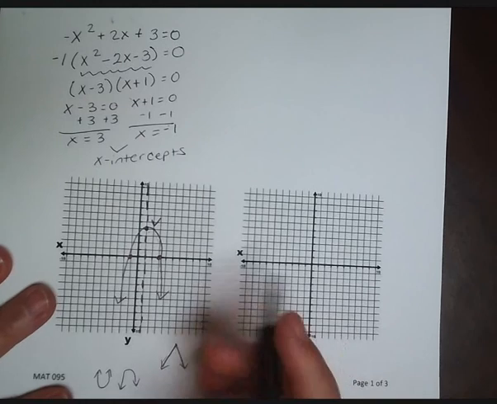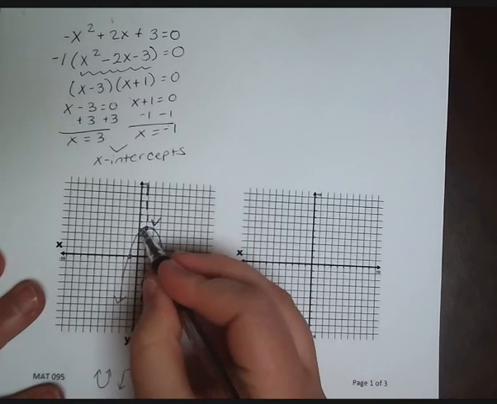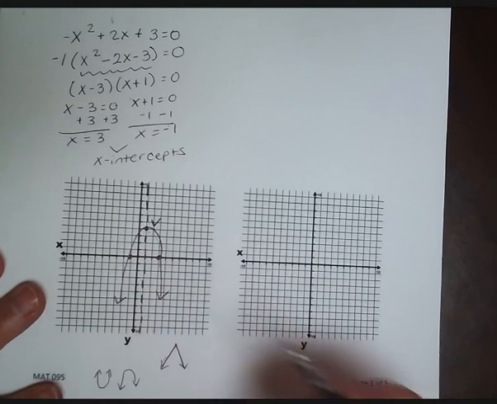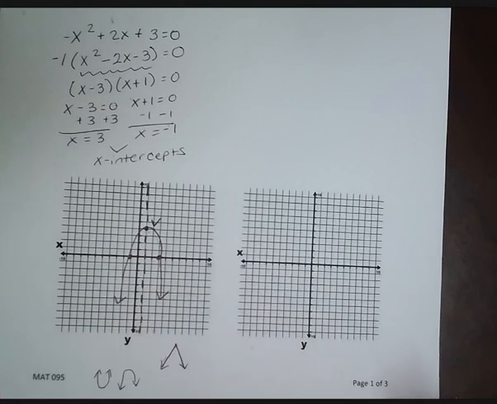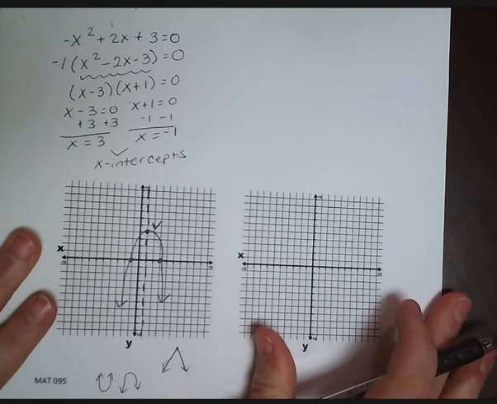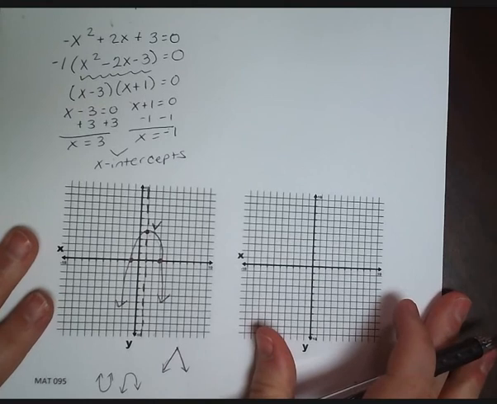So make sure that you do have a curvature to it and that you do include those arrows at the bottom. Okay, so the other way you could do it is by using your y-intercept and your vertex.